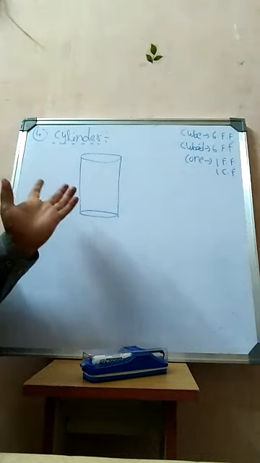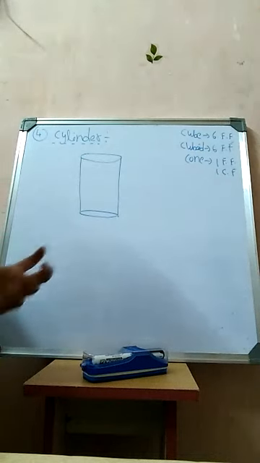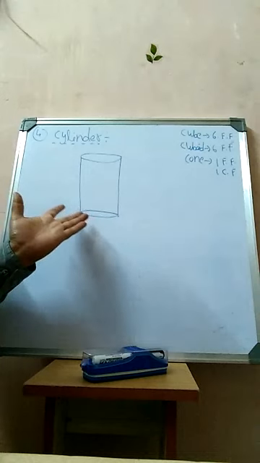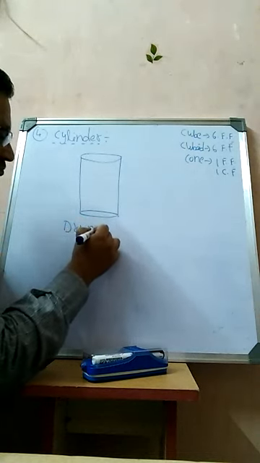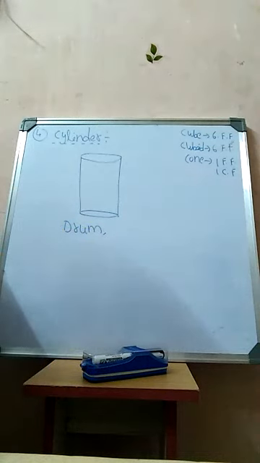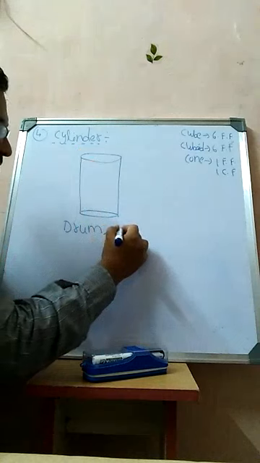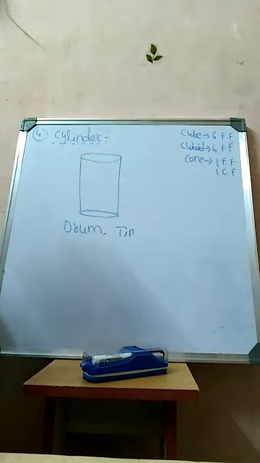Your water tank on top of your house, this water tank we can take as an example. That means a drum. And small tins in your home, those also we can take as examples for a cylinder.